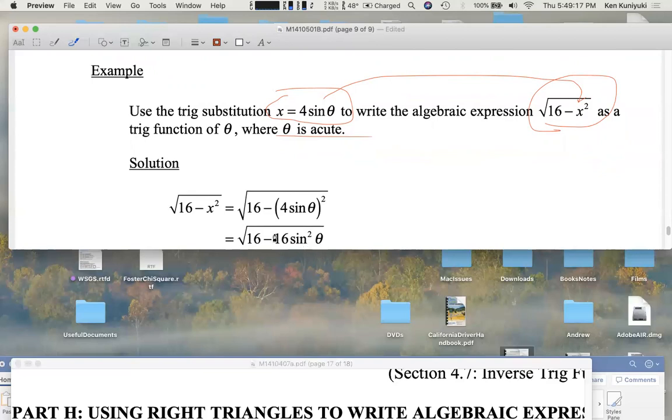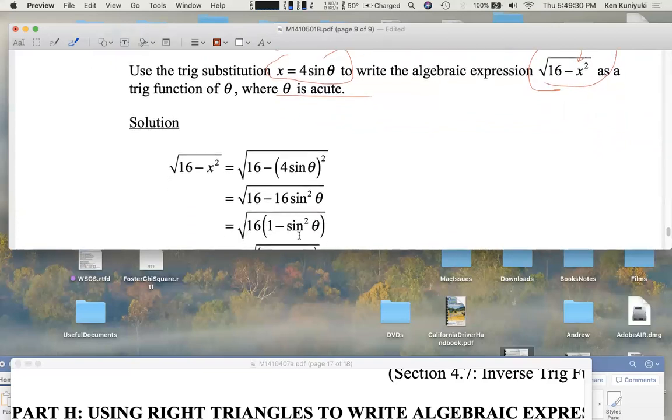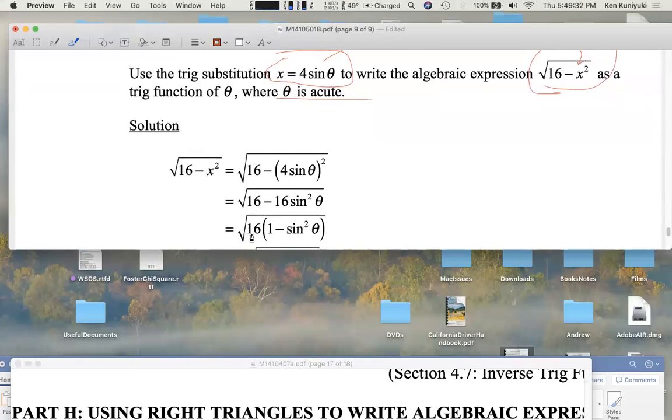And then, what can we do to that radicand? We can factor out a 16 inside the radicand. And we get what? We get the square root of 16 times the quantity 1 minus sine squared of theta. And how can we simplify 1 minus sine squared of theta?